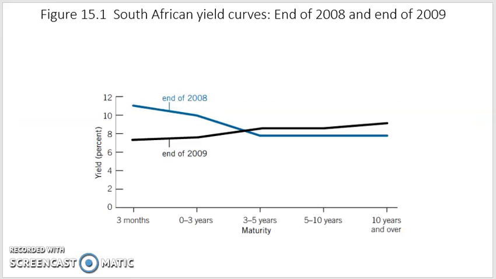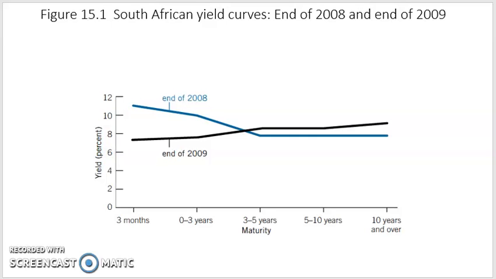This relationship can be shown in a figure like this. This figure shows, for example, the term structure of a South African government bond at the end of 2008, and at the end of 2009. The choice of the two dates is not accidental. Why we chose them will become clear as we move forward.